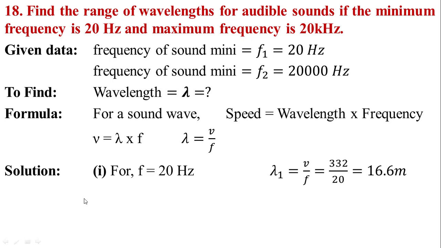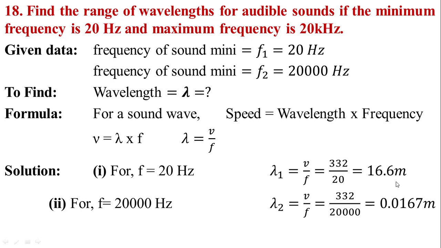Now in the solution, for the minimum frequency f1 is equal to 20 Hz, lambda 1 is equal to V upon f1, that is equal to 332 divided by 20, so lambda 1 is equal to 16.6 meter.